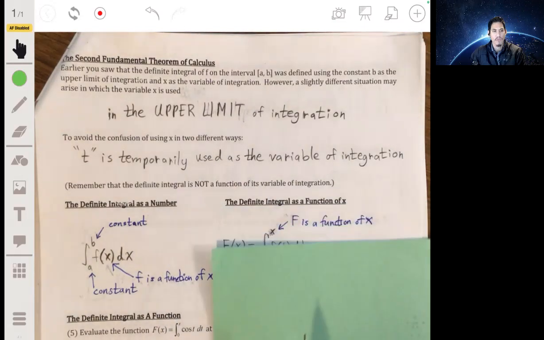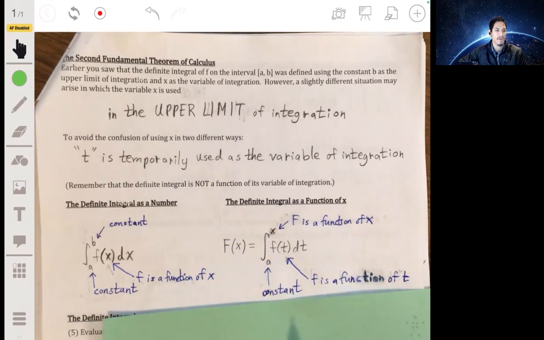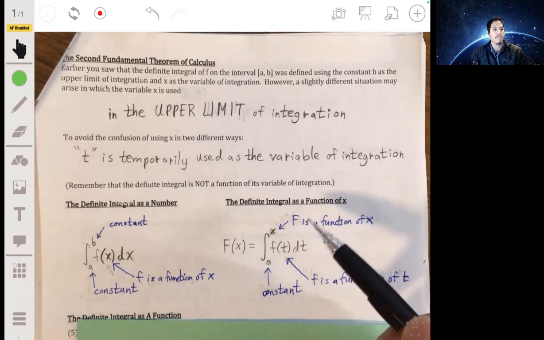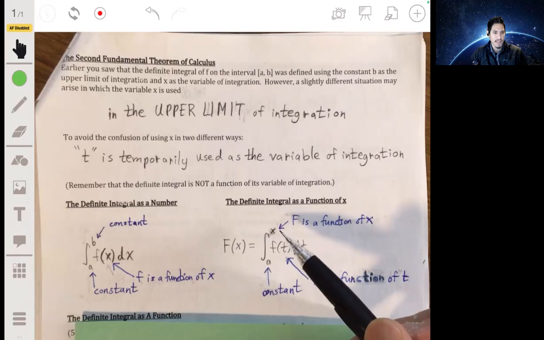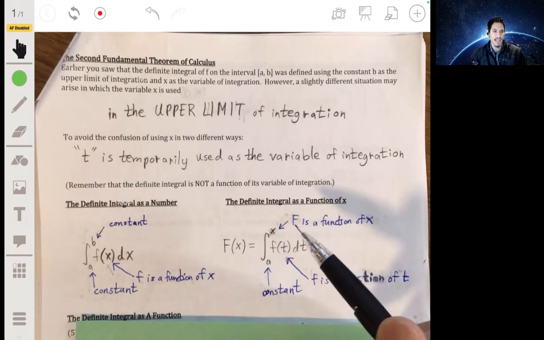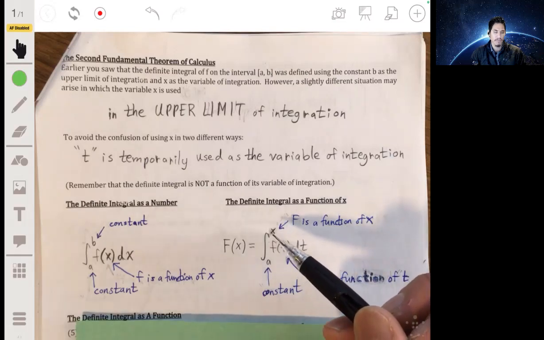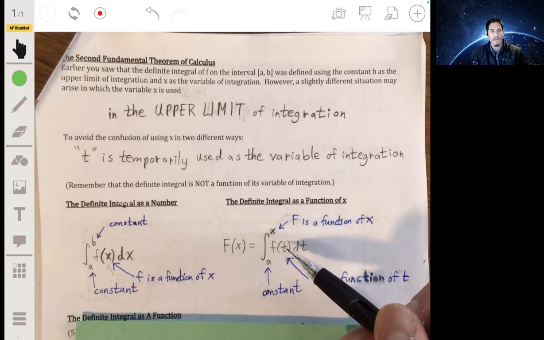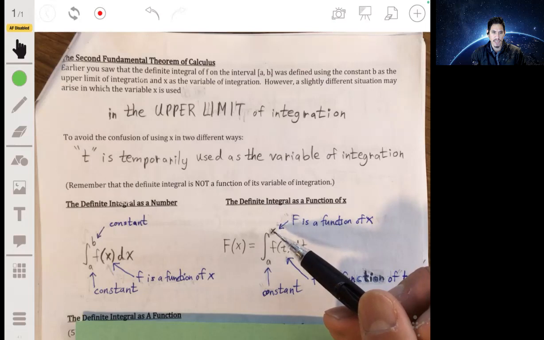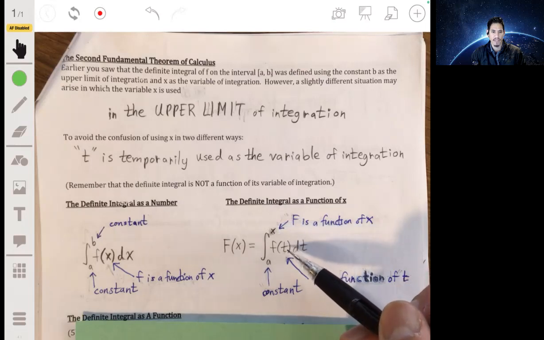Now, when we're talking about the upper limit b being a variable, what this means is that the integral is going to be a function of x. So that we don't confuse the variable in the integrand with the upper limit of integration x, we're going to just use t in its place.